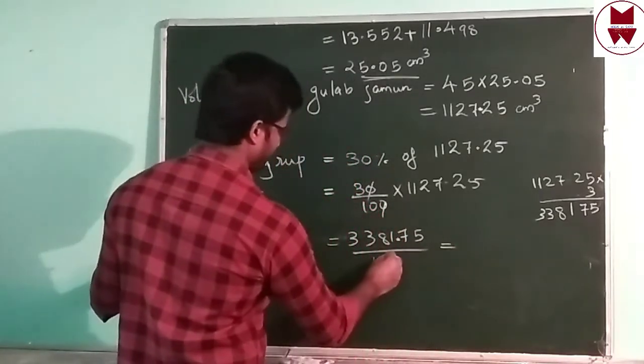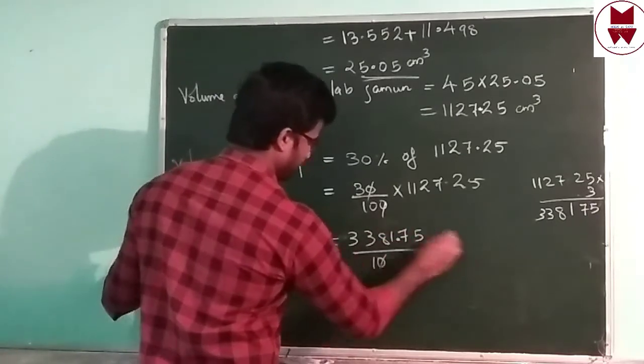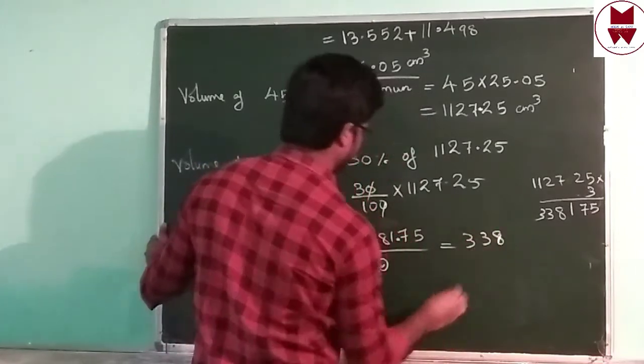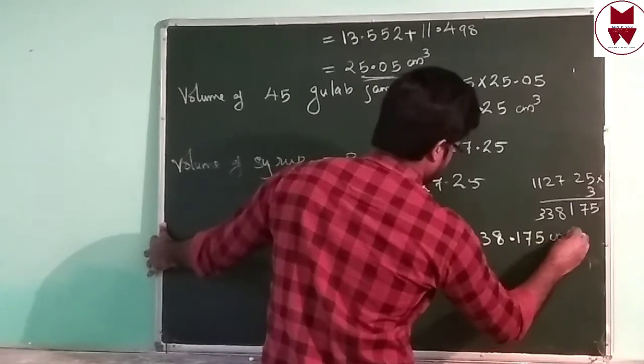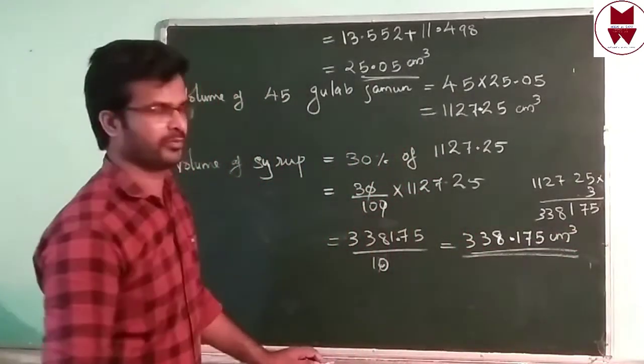Then this 0 cancels, and the point will shift one place. That means we can write 338.175 centimeter cube. That is the volume of syrup.